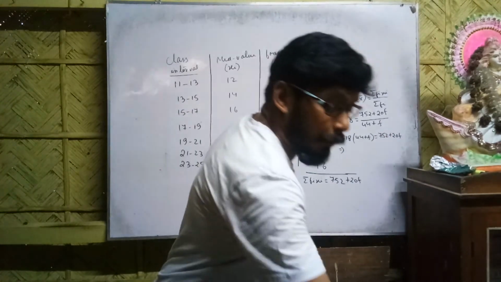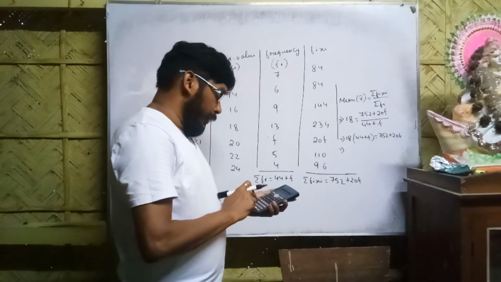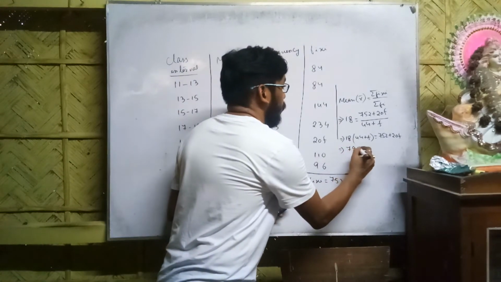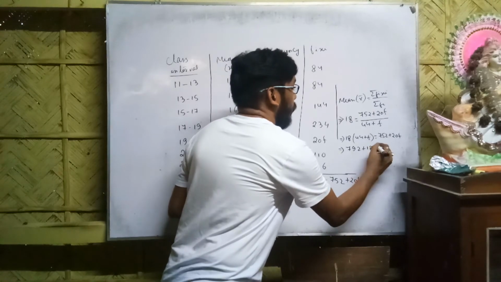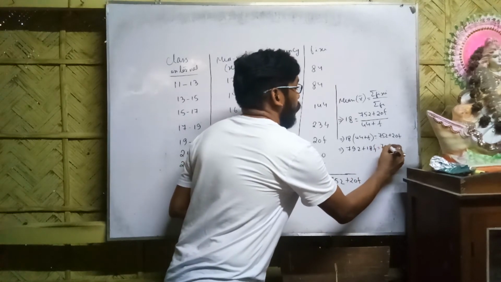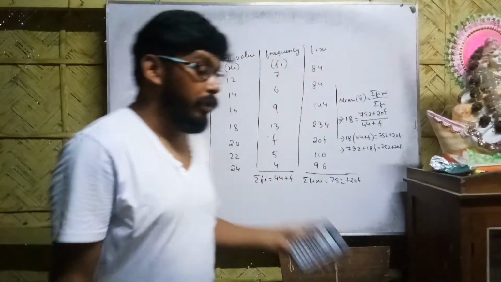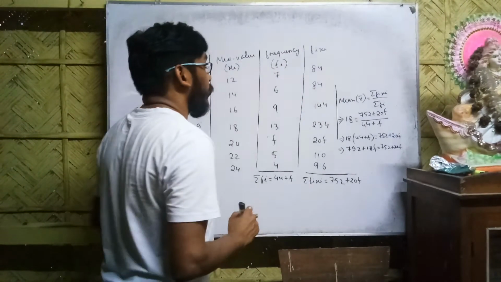18 into 44, you will get 792. So 792 plus 18f equals 752 plus 20f. Got it?